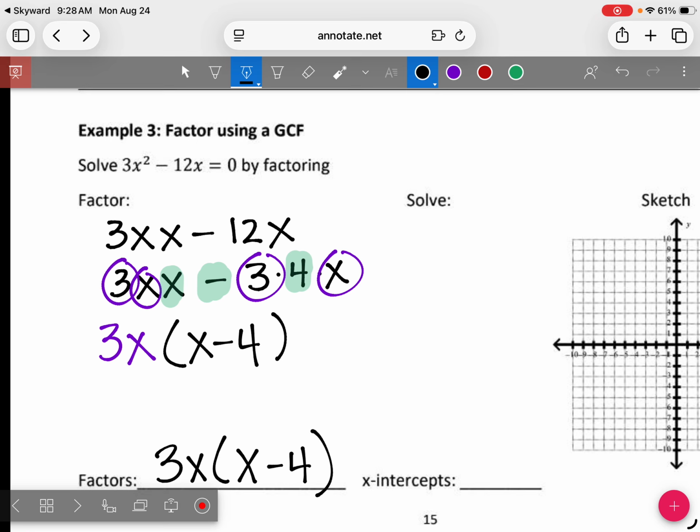All right, now set them equal to 0 and get your 2 answers. One of your answers will be 0. Anytime we can take out an x, that means one of my answers is 0.